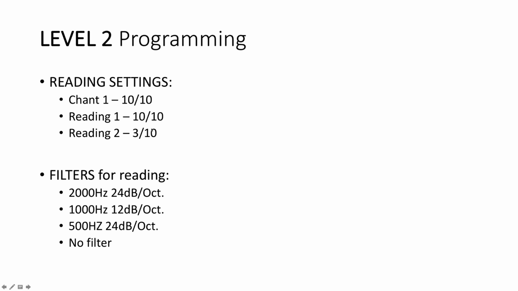In reading, we have the pedagogical channel settings. Remember that in chant, channel 2 is set differently than the pedagogical settings. In chant 1, channel 2 is milder than channel 2 in the pedagogical settings, where you get the most contrast between channel 1 and channel 2.